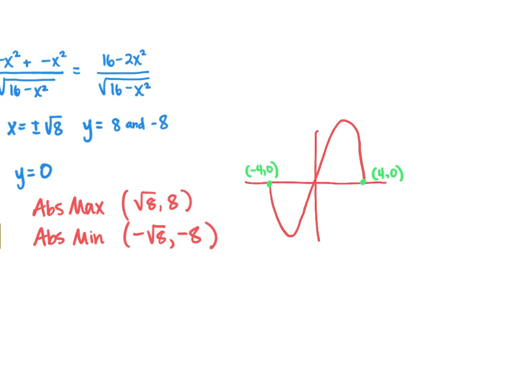And so our absolutes end up to be right here. And that's the negative rad 8, -8 point. And then the other absolute max ends up to be positive rad 8 here. So sometimes I do like to visualize just to double check my math, to make sure that I haven't made a mistake back in my math part, to make sure that the graph matches.